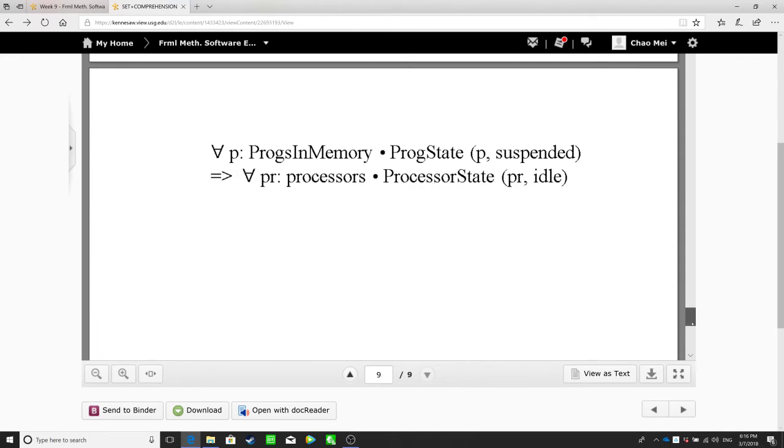We have the last thing here. Let's finish this, then we can finish the day. Here, all the P, blah blah blah, and an implication, and another dot.